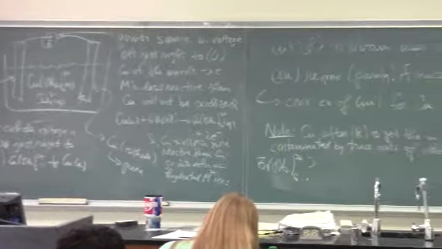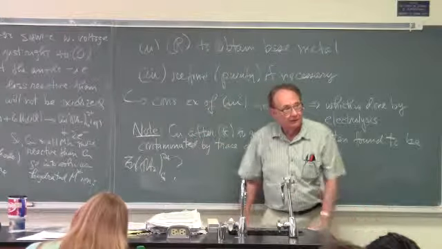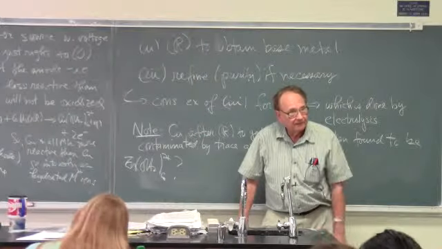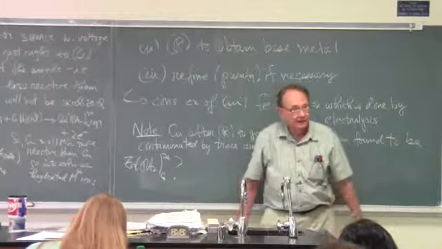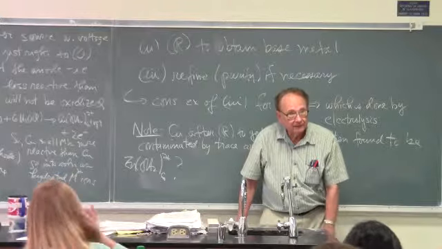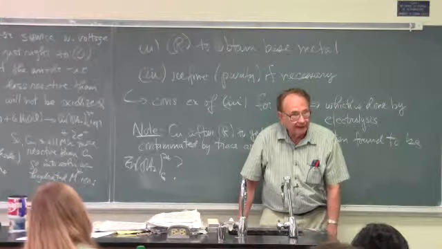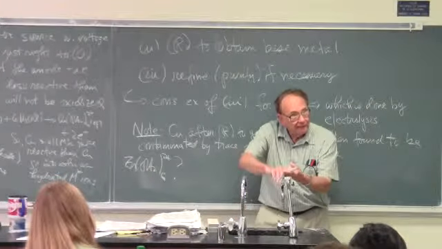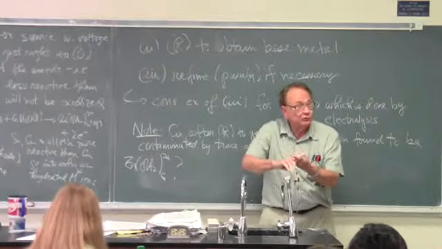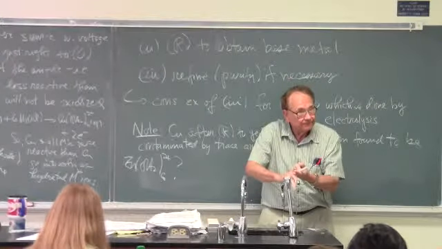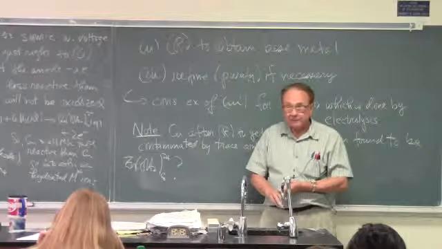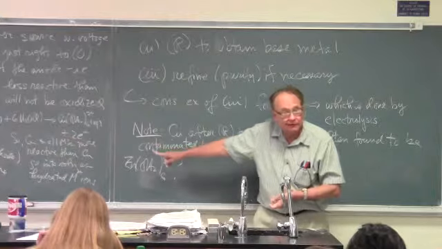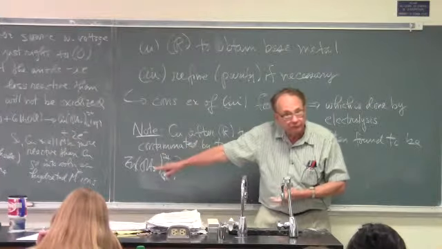How does the oxidizing strength of this compare to the oxidizing strength of hydrated copper ion? We did this in chapter 22. Which one is the better oxidizer, hydrated copper ion or this thing? Hydrated copper ion. Remember, of the metals oxidized, copper is the most difficult to oxidize. The other metals are more easily oxidized because they're stronger reducers. That means their hydrated ions are poorer oxidizers. They're more difficult to reduce.